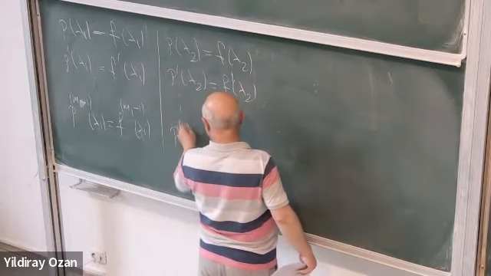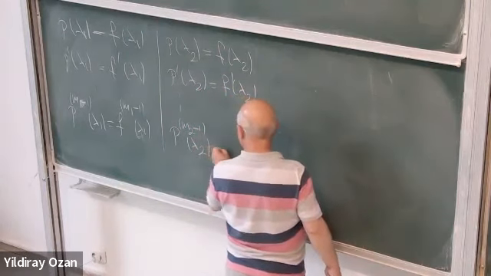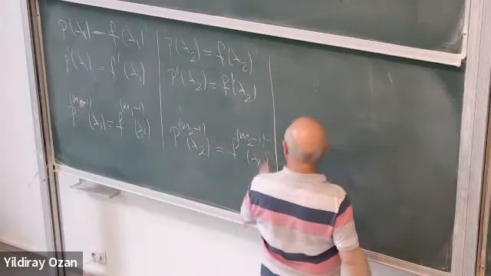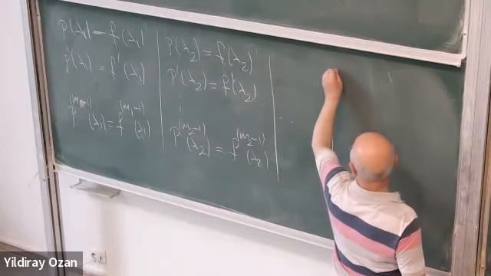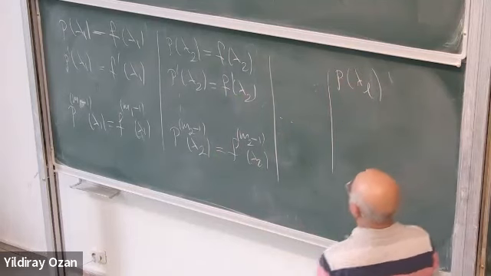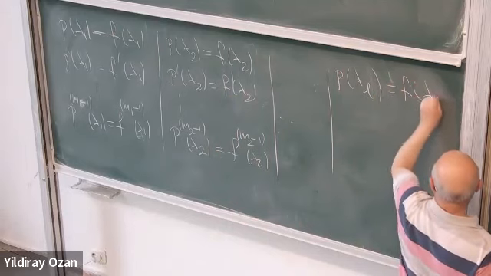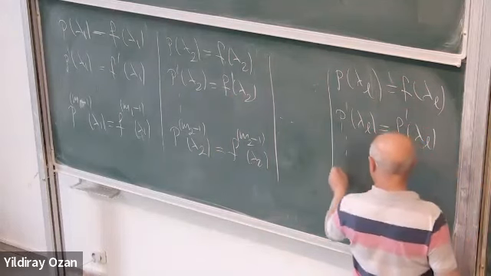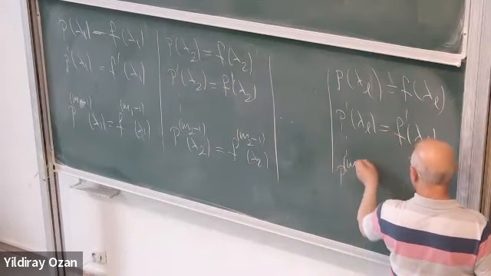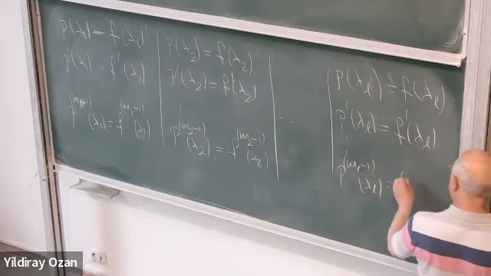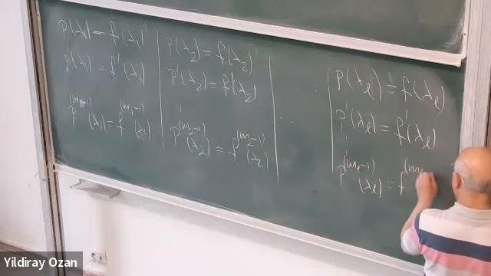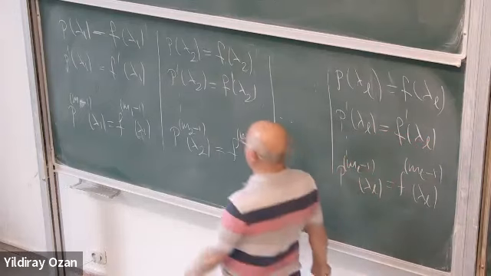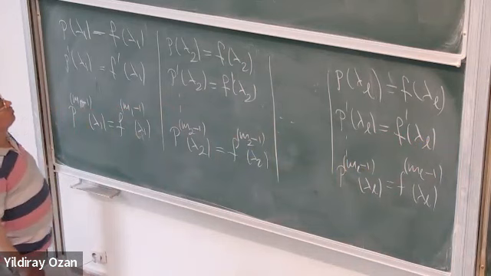Up to the m2 minus 1 derivative at lambda 2, and so on up to P of lambda L, where we said there is an L. F of lambda L, P prime lambda L, F prime lambda L, up to the ml minus 1 derivative evaluated at lambda L. You see, the number of conditions is equal to the degree of Q, right?